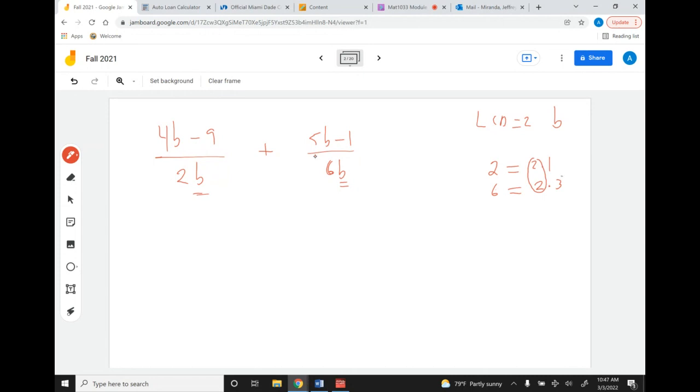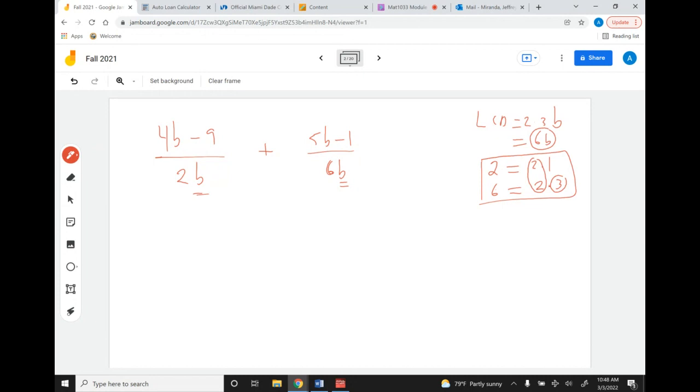And then I notice that 3 is a different factor from all of them, and it's also a prime factor as 2 is. And so now my LCD will be 6b. Okay, this is my LCD. This is the process in which you find the least common divisor, or multiple.